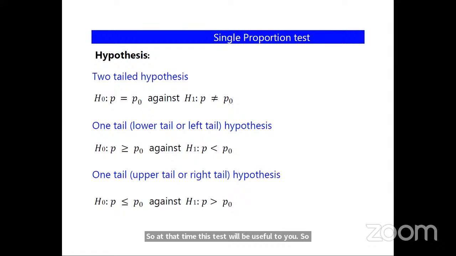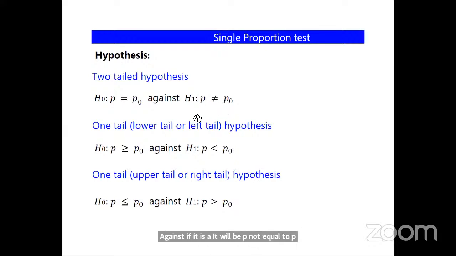From the name itself, it is clear that we have only one group of observations, right? Since it is a single group test, the hypothesis is that the proportion of some characteristic is equal to some specified value, say P0, against, if it is a two-tailed test, P not equal to P0.